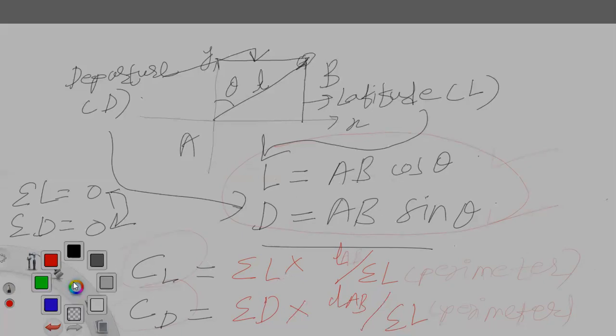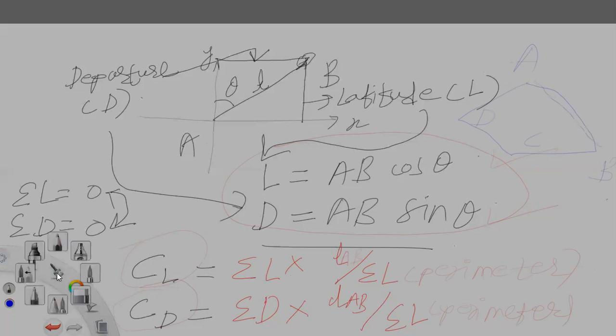Now, suppose that you are having a certain traverse, such as A, B, C, and D. If such a traverse is there, then what will you do?